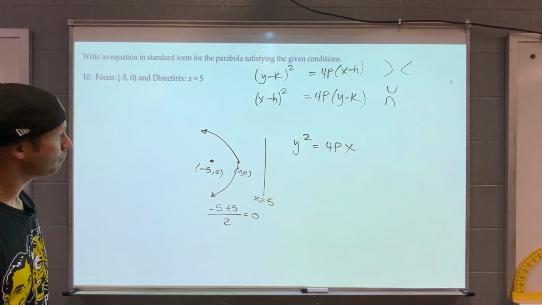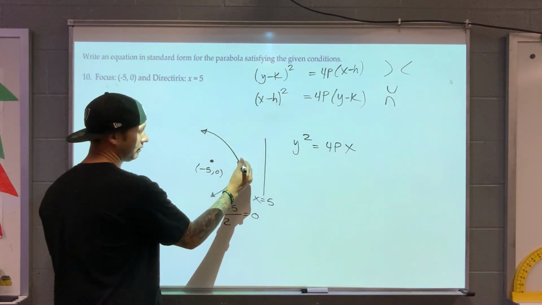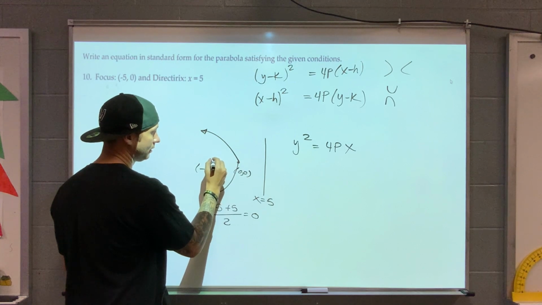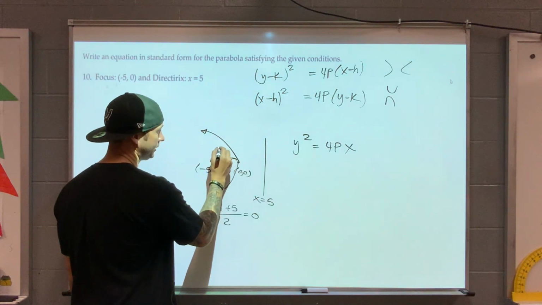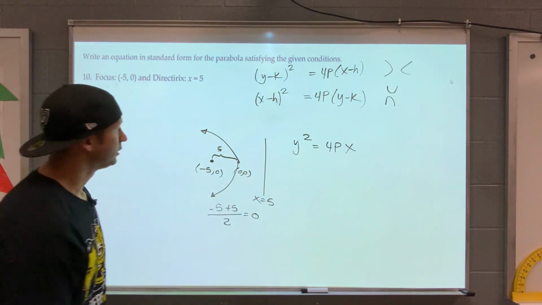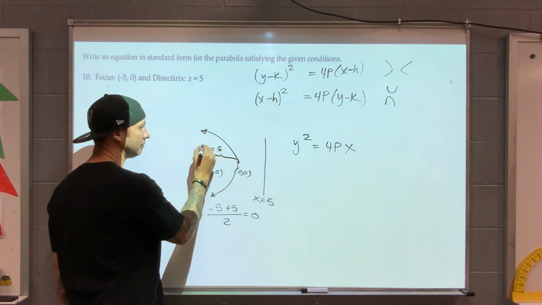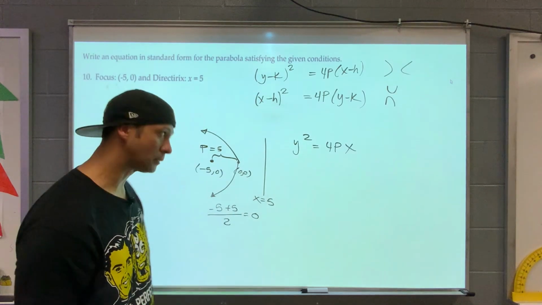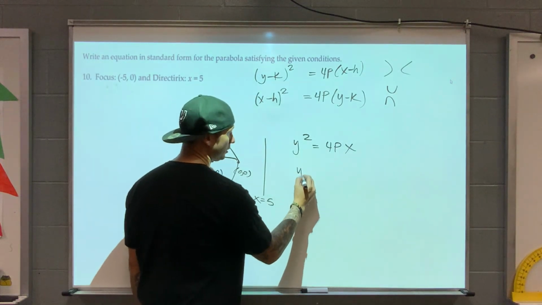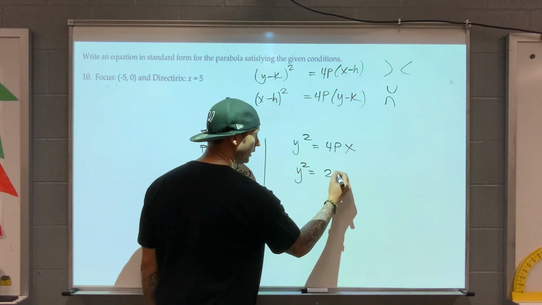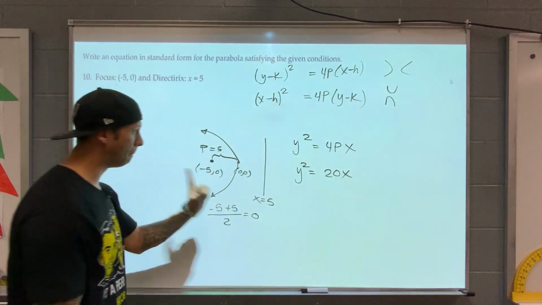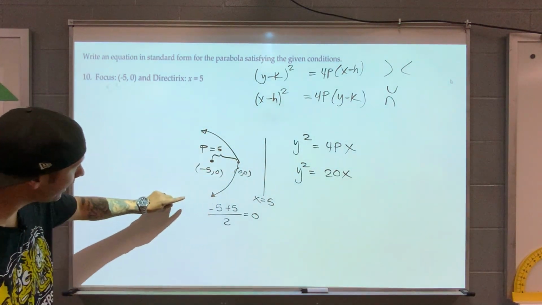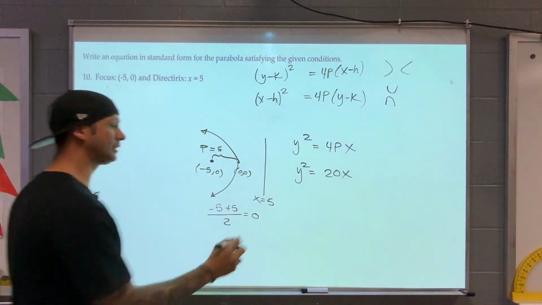Okay, this distance we just said was 5. So that means p is equal to 5. So if I plug in 5 here, 4 times 5 is 20. So y squared is equal to 20x. But this opens to the left. So I need this to be negative.